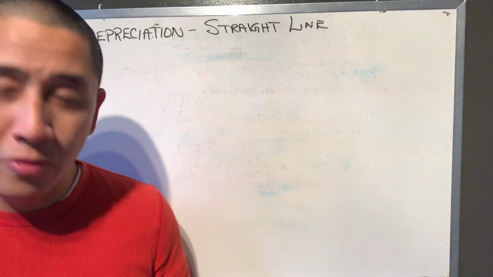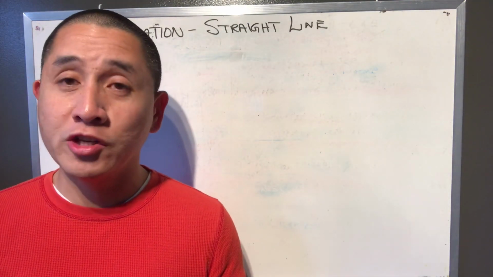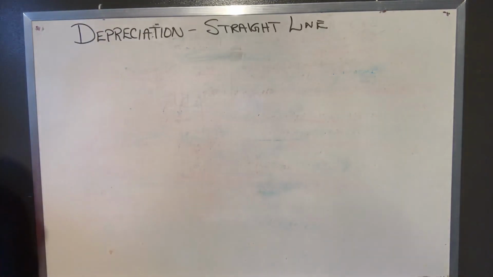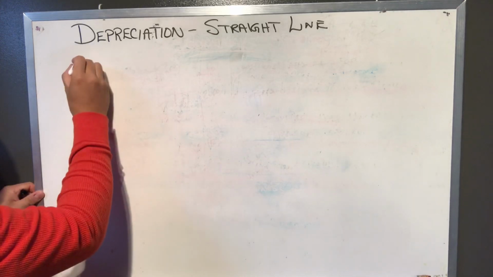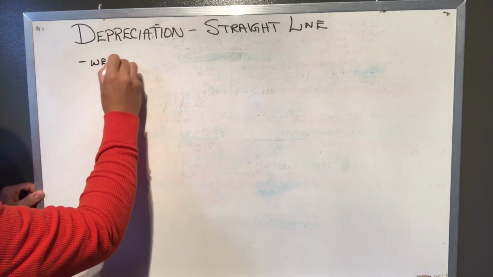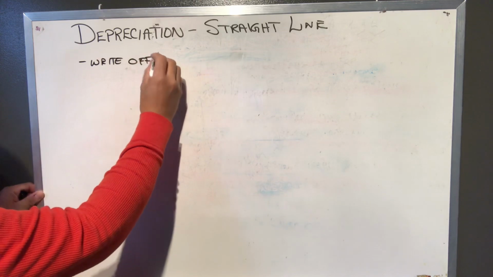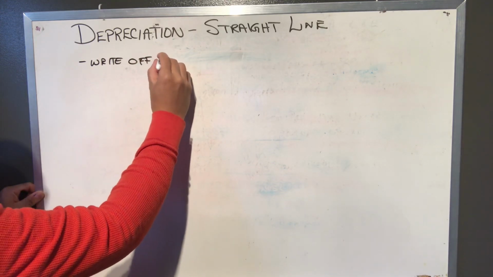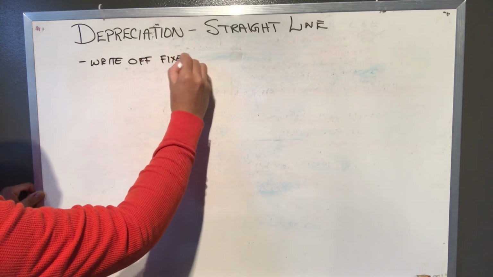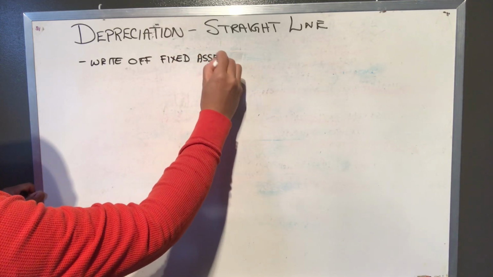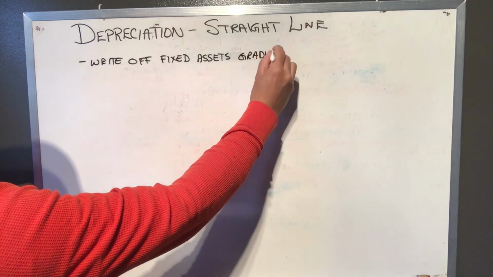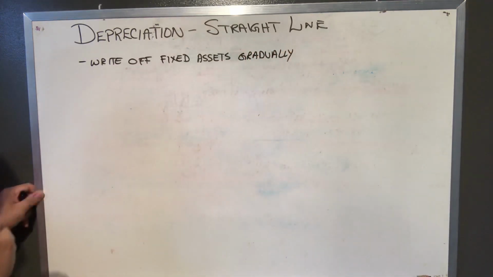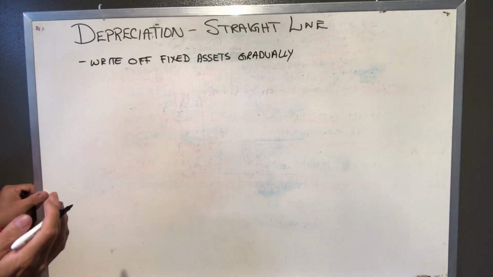So let's go through some details about the straight line depreciation method. A certain key thing to keep note of is that it's used to write off fixed assets gradually, and you could also call fixed assets tangible assets.